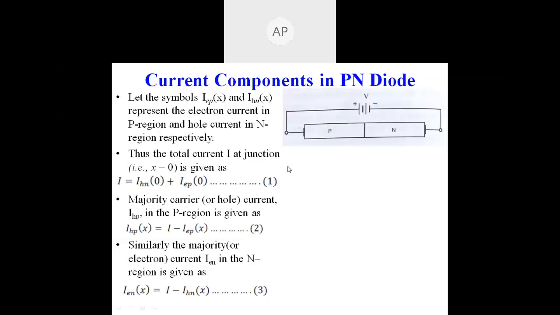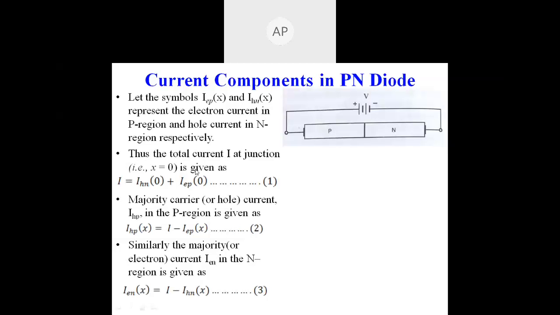Here E stands for electrons in the P region and H stands for holes in the N region. So remember, here we are discussing minority carriers in the associated regions. In the P region, the minority carriers are the electrons, and in the N region, the minority carriers are the holes. So these symbols represent the electron current in the P region and the hole current in the N region respectively.